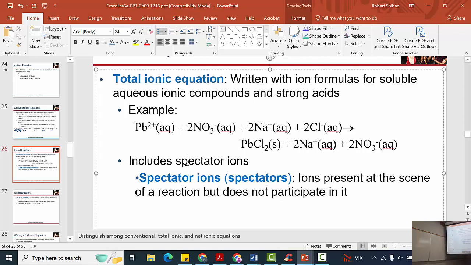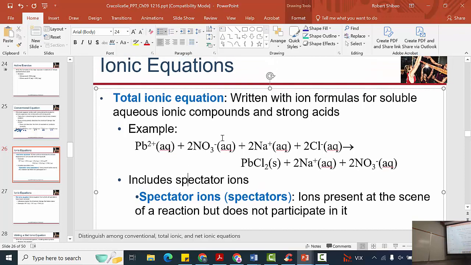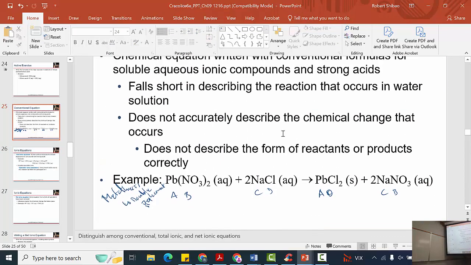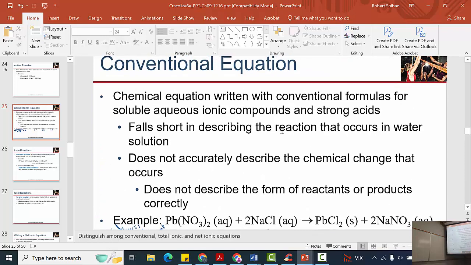This is what we call the total ionic equation. I call it the ionic equation for short. The other equation didn't show the species in solution like this. This is showing the major species. The other one is called the complete equation, or just the conventional equation.